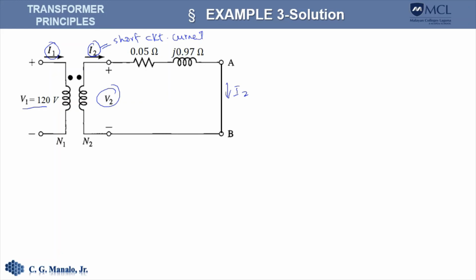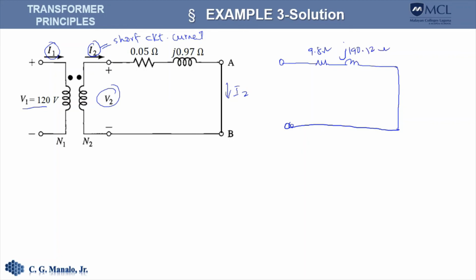Now we can use the equivalent circuit to answer this question. If you short out the terminals AB, the equivalent circuit would look like this, where this is 9.8 ohms, and this is j190.12 ohms.